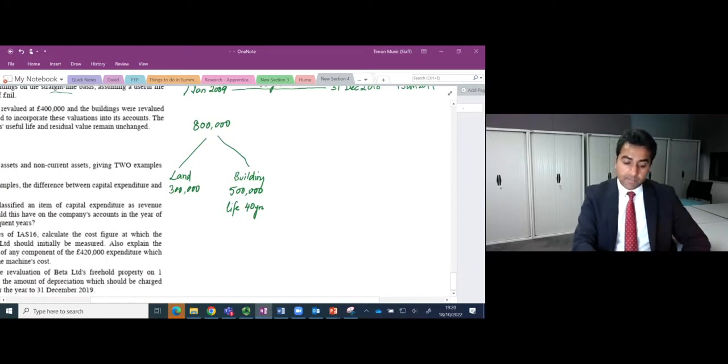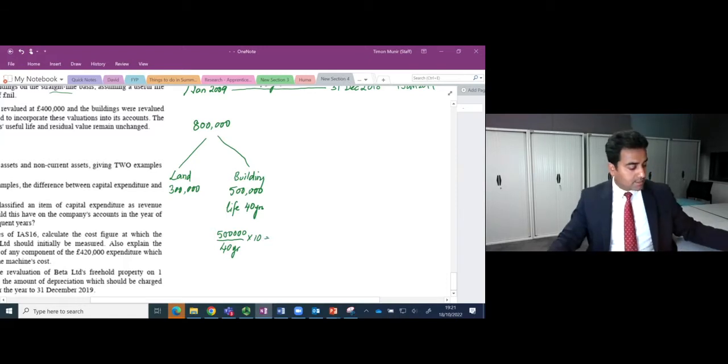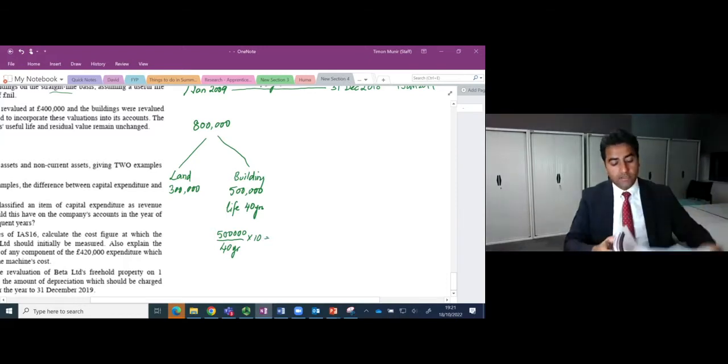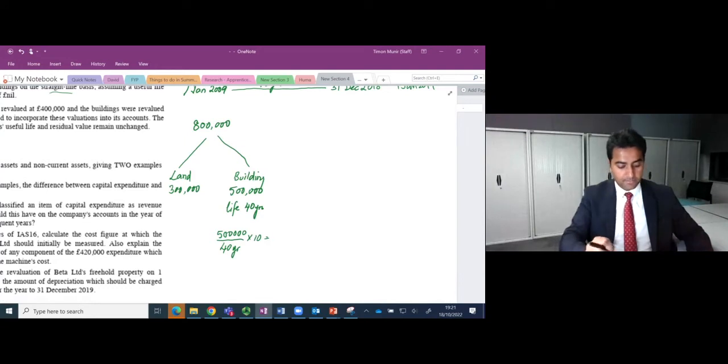Now let's work out the depreciation charge. 500,000 divided by the life, which is 40 years, multiplied by 10 years. And this is £125,000.